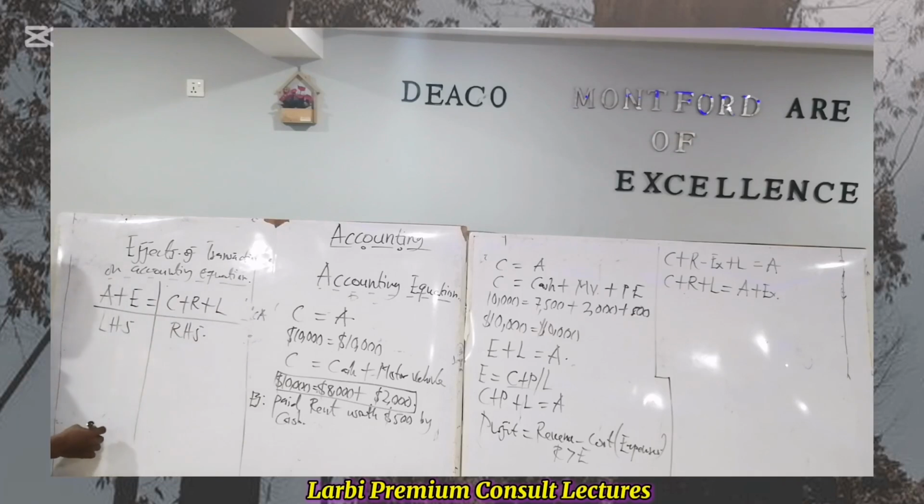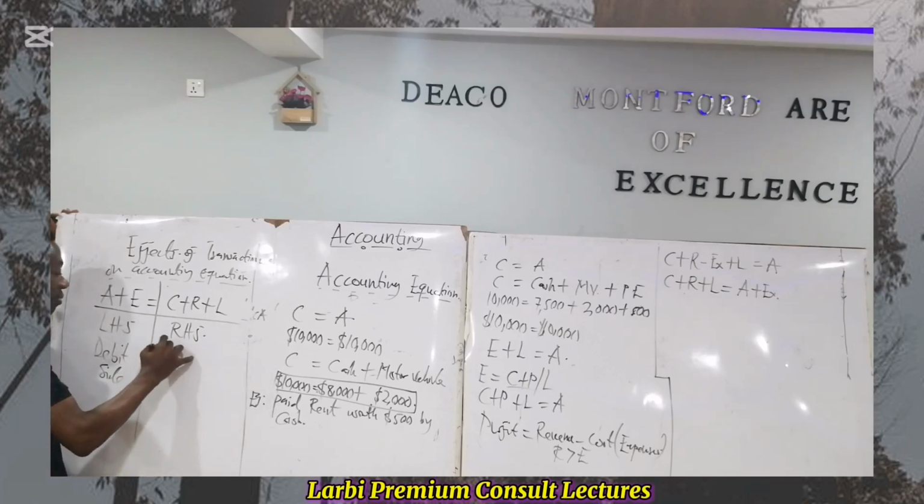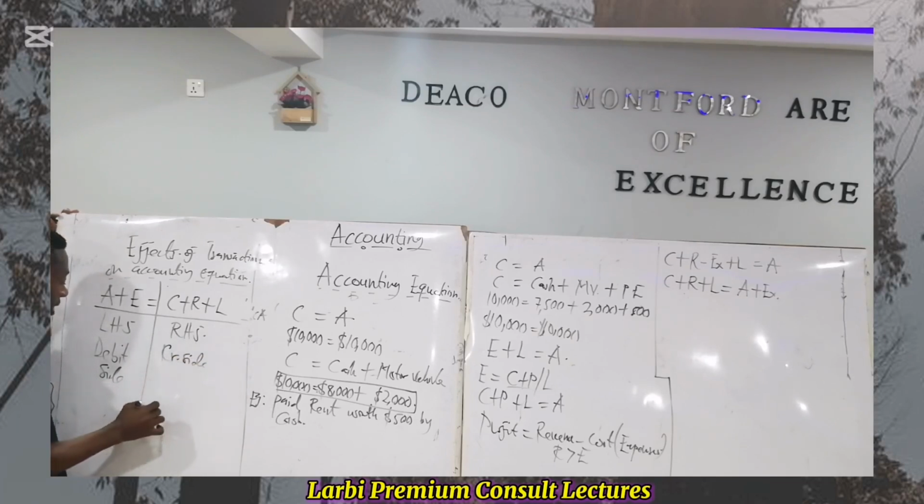So all the items on the left hand side, on the left page here, we refer to as being on the debit side. And all items on the right hand side are called items being on the credit side. All things being equal, credit side.